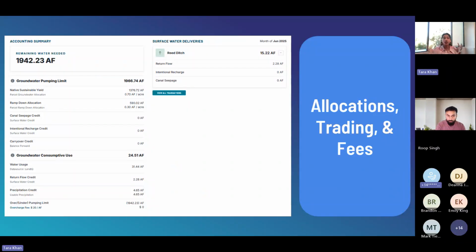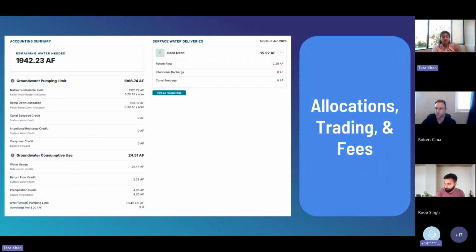Will you be allocating an overall flat base allocation based on acreage? Is it by crop type? Is it by well depth? In that case, if it's by well depth, for example, you might need to start doing a well registration program to get that information about well depth. If it's by crop type, you might need to implement an ET provider who has that crop type and has that average pumping based on each crop.